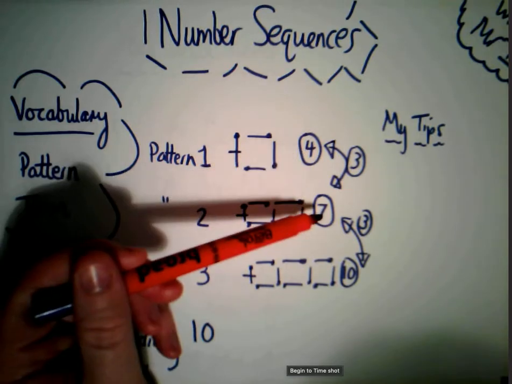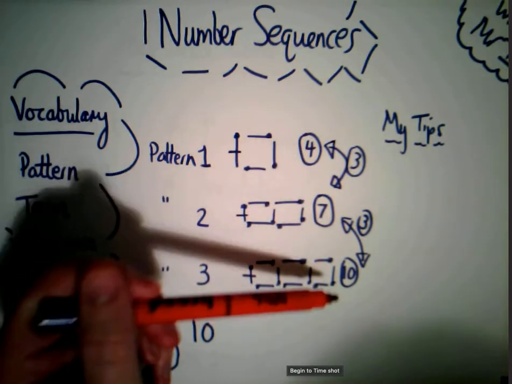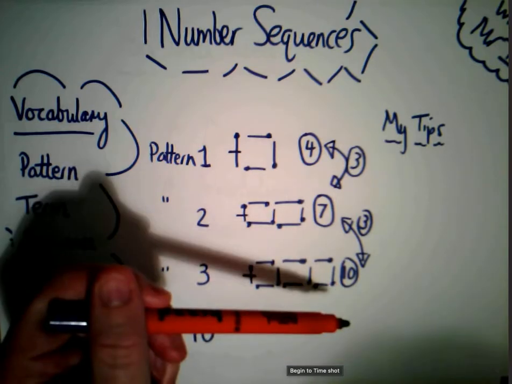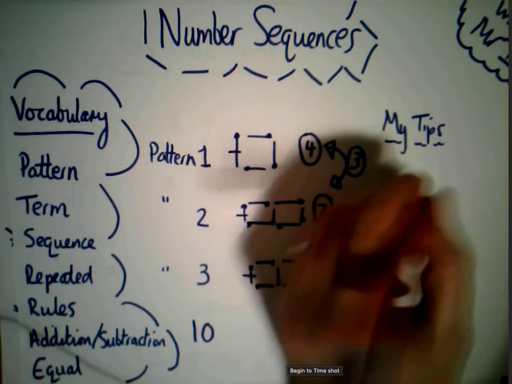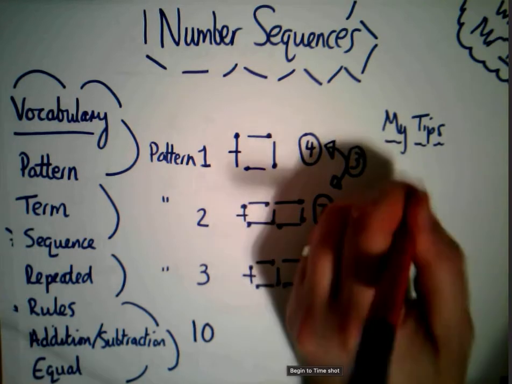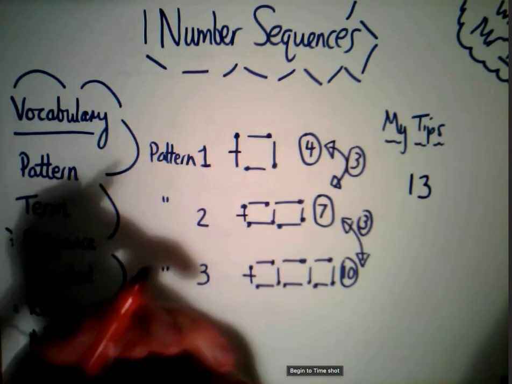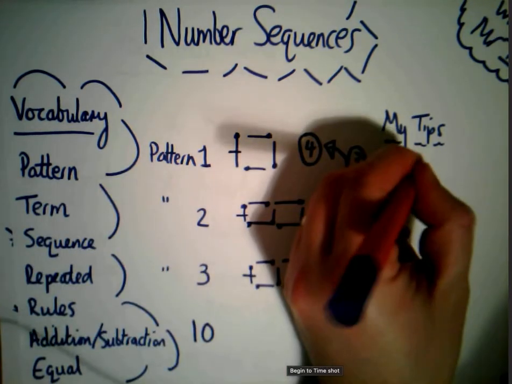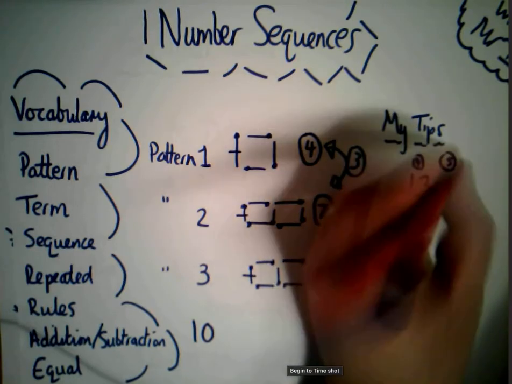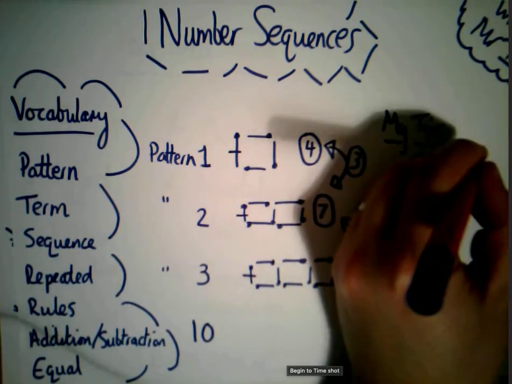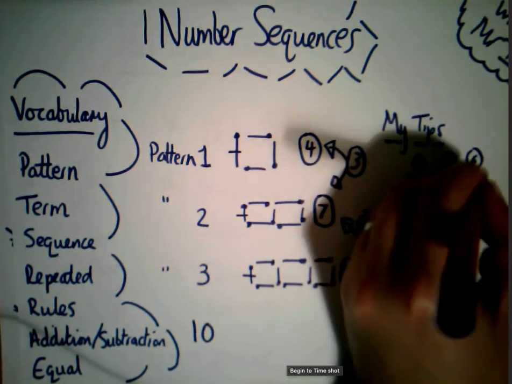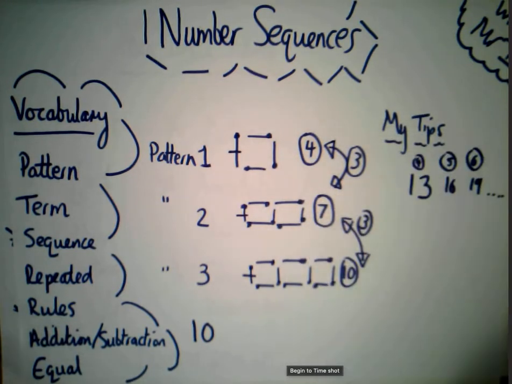So the second one will be 7, the third one will be 10, then it'd be 13. It might be worth me noting these down. So the next one is going to be 13. That's going to be my 4th one. My 5th one, I'm going to add on 3 more, is going to be 16. My 6th one is going to add on 3 more, so that's 19. And go all the way up until you've solved it.